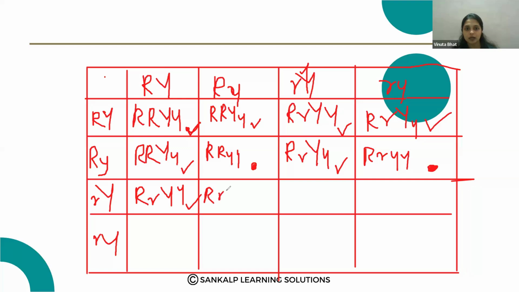Capital R, small r, capital Y, small y. This is also round yellow seed producing plant. Then small r, capital Y. Here it is wrinkled but yellow seed producing plant. Okay. Then last one, small r, capital Y, small y. This is also a wrinkled yellow seed producing plant. Here capital R, small r, capital Y.